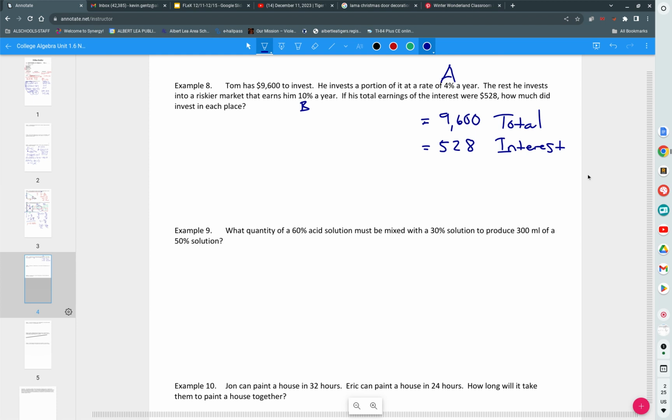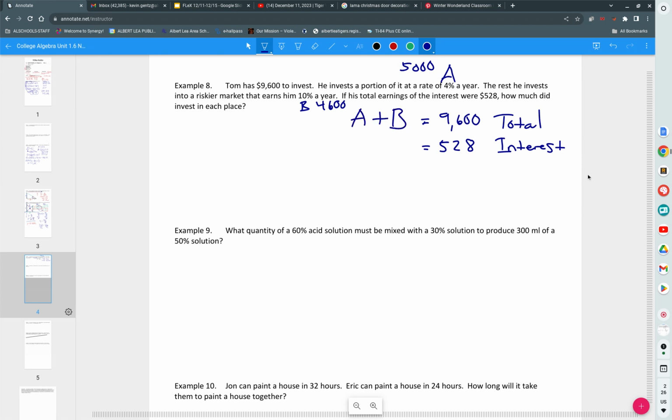Let me just try to mark it out this way. Suppose that the amount he invests at 4% is $5,000. How much did he then invest at the 10%? $4,600. Everybody agree that those 2 amounts have to add up to what? $9,600.